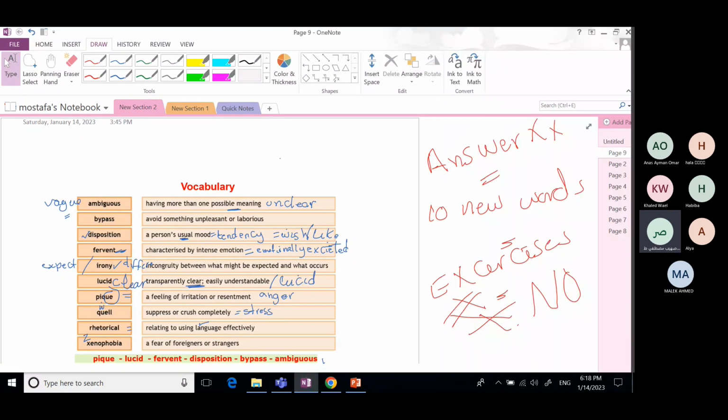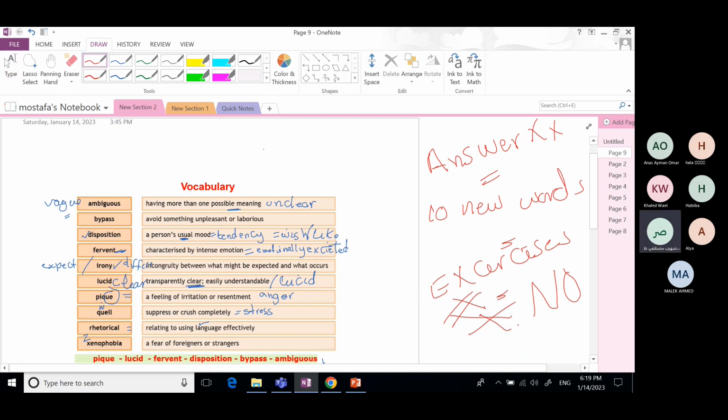The last time I gave you some vocabulary, I wrote a note at the end of the page. Vocabulary is the major element of language. Without vocabulary, there is no English. Your level in English will not be developed without vocabulary. So please, again, I repeat, please focus on vocabulary.